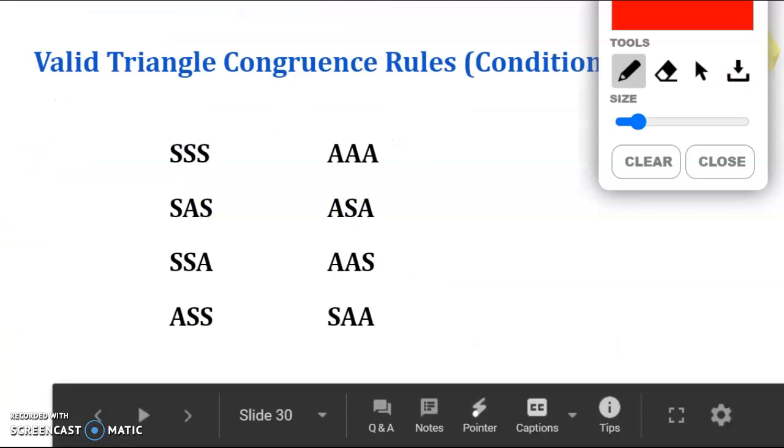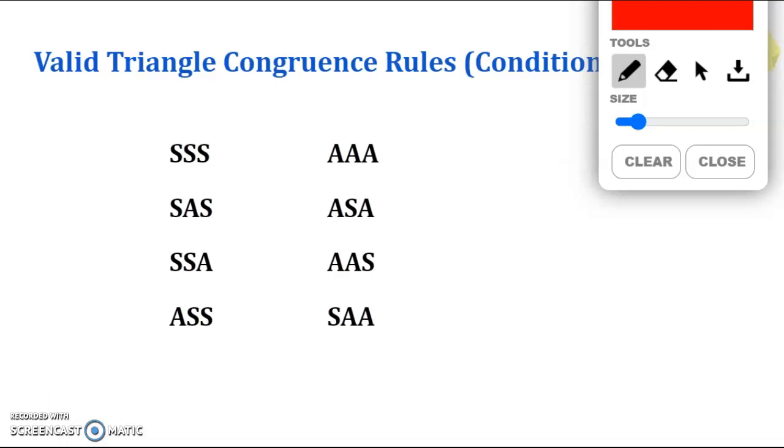Okay, so let's summarize what we've discovered. We know that side, side, side works. We know that side, angle, side works. We know that angle, side, angle works. Now we've discovered that angle, angle, side also works, but we did discover that side, side, angle does not work.